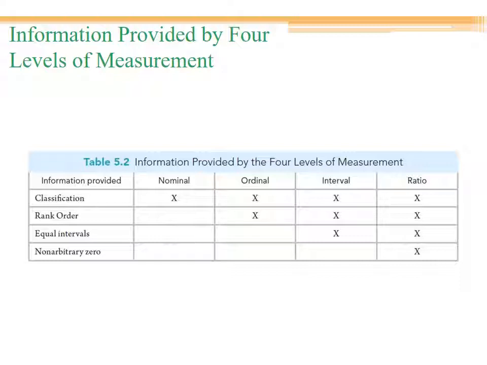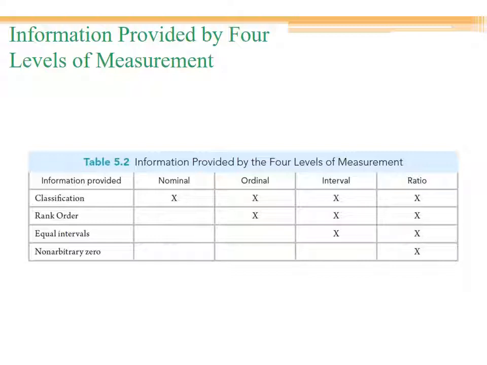The interval, which was the temperature example, offers both of these plus the interval, so we can compute some numerical inferences, not all. In the ratio, the last one, which was, or rather, was the first example I gave you of age, it offers the most flexibility when comparing information, so we can compute ratio differences or percentages.